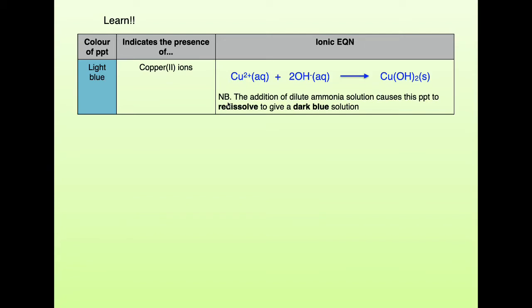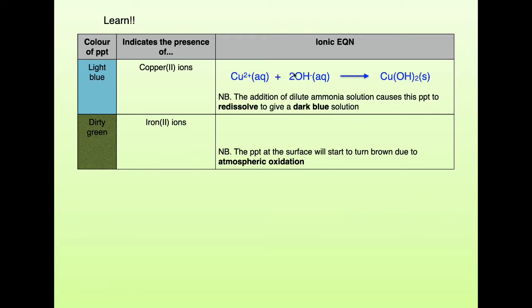You add dilute ammonia solution and the precipitate redissolves to give a dark blue solution. So the precipitate, which is a solid, redissolves and you get a dark blue solution. It's dark blue, but it is transparent, so you can see through it. It's clear, but it's blue.